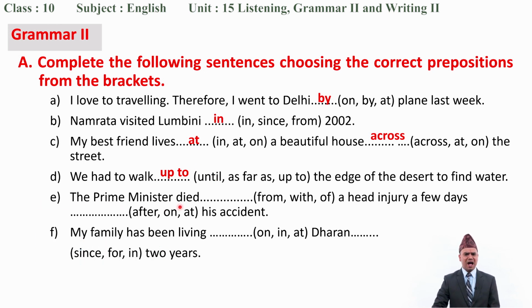The Prime Minister died from, with, of. In the disease, basically, if someone died from any disease, in that case most of the students use from, but it's not from. Can you guess it? What will be the correct, with or of?